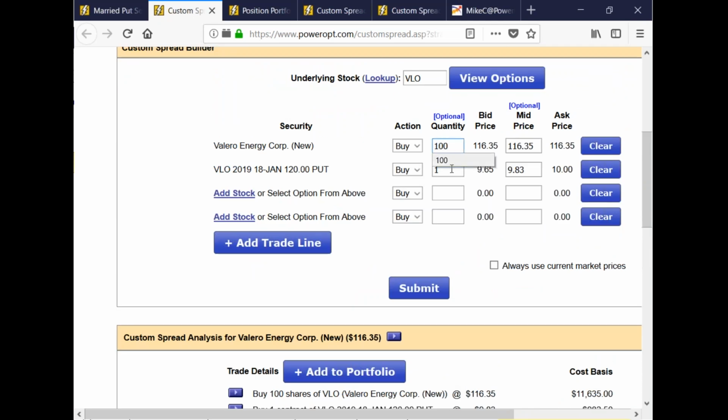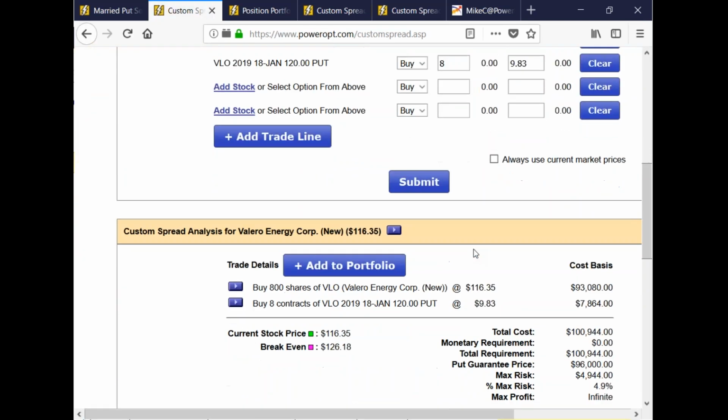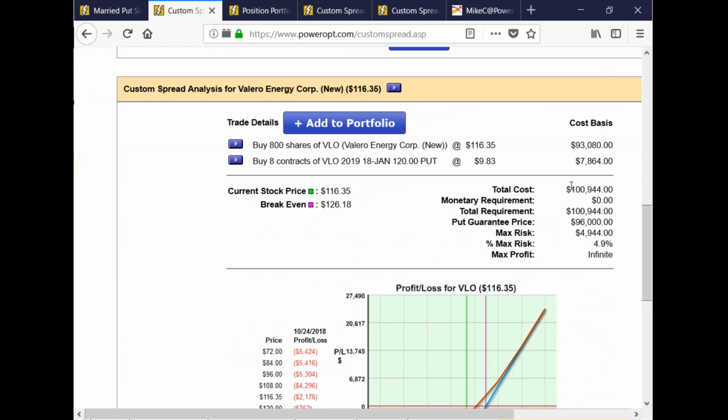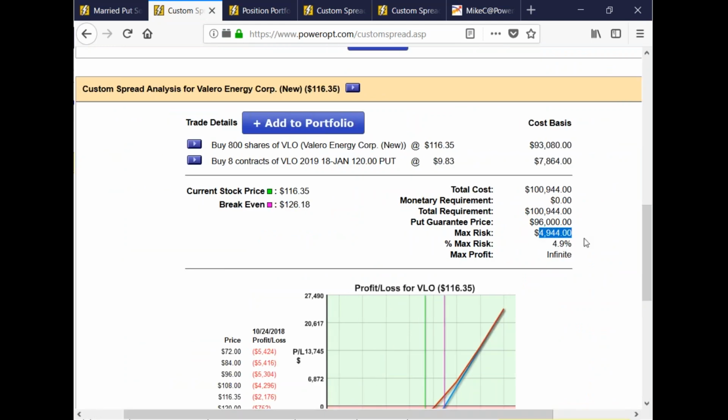Because I want this to represent between 1 and 2% of my total portfolio value. So if I had $500,000, because I want to average that 1%, my risk is $4,944, right around the 1% of $500,000.